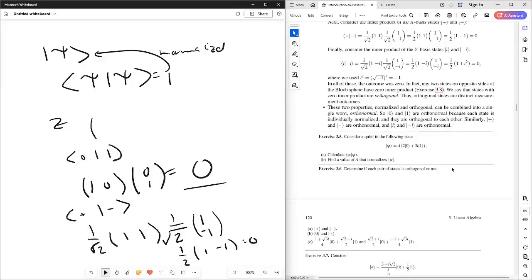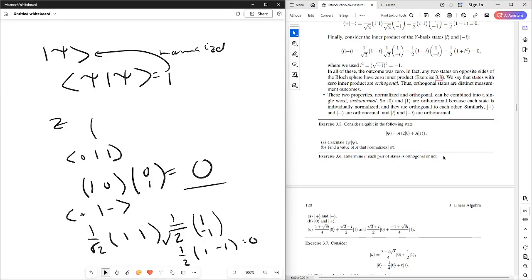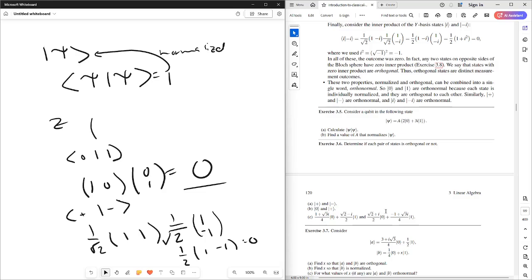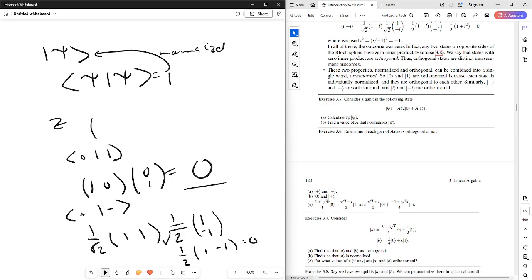Just looking to see if there are any examples that we might want to work through here. Looking at 3.6, just off the top of our head, we know that plus and minus are orthogonal. They're basis states, they're normalized, and they are on opposite sides of the Bloch sphere. 0 and plus are not.